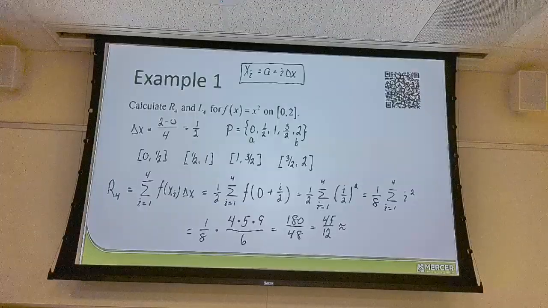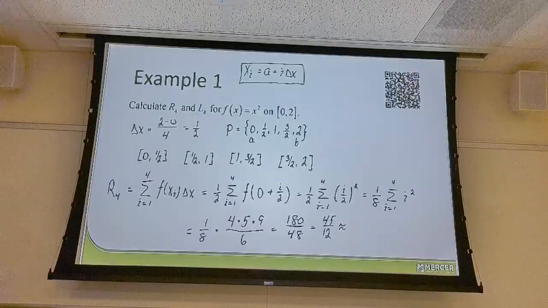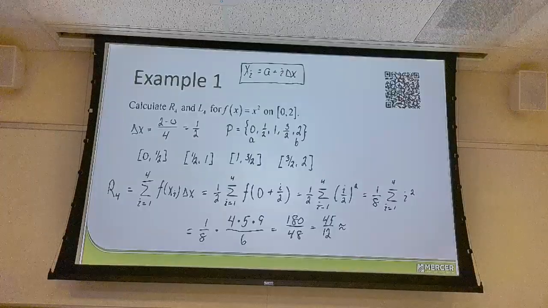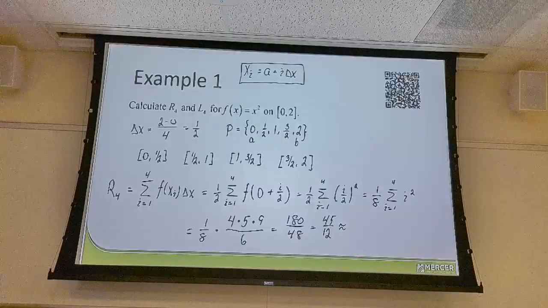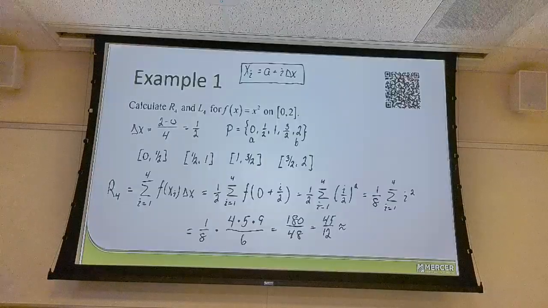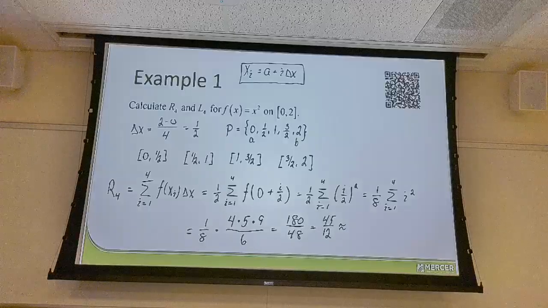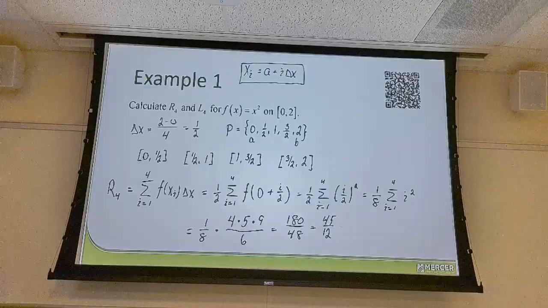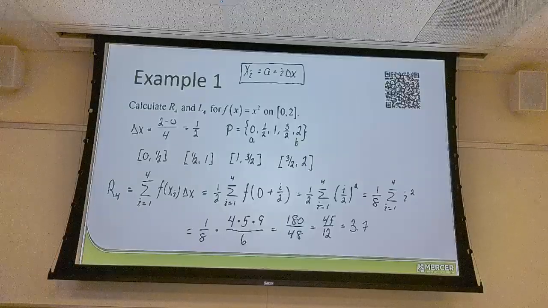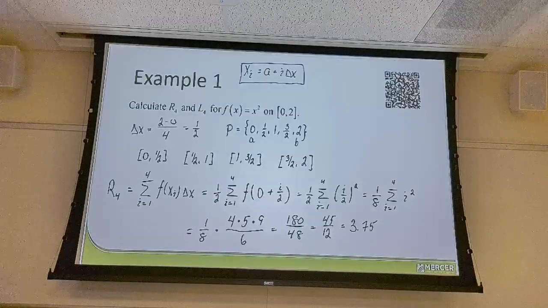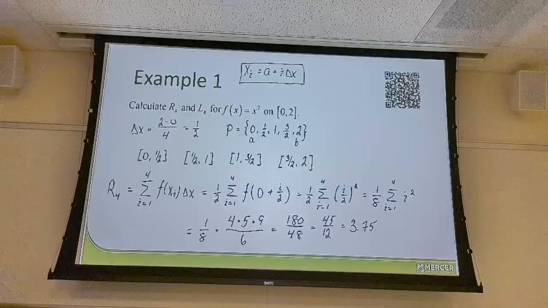Isn't it 3.75? Now you need approximations there. R4 is 3.75.